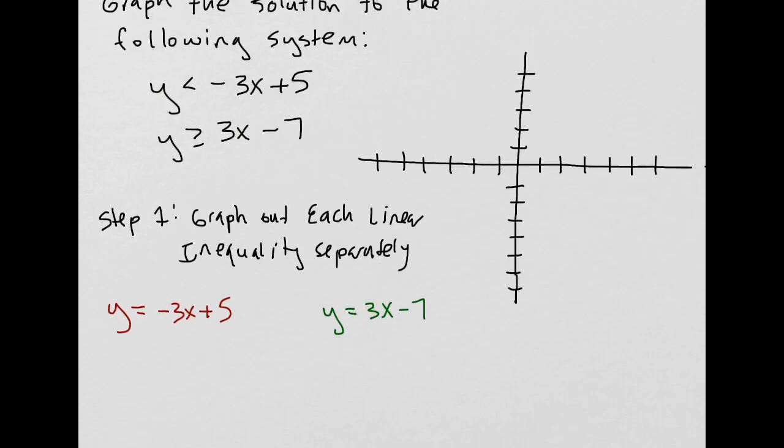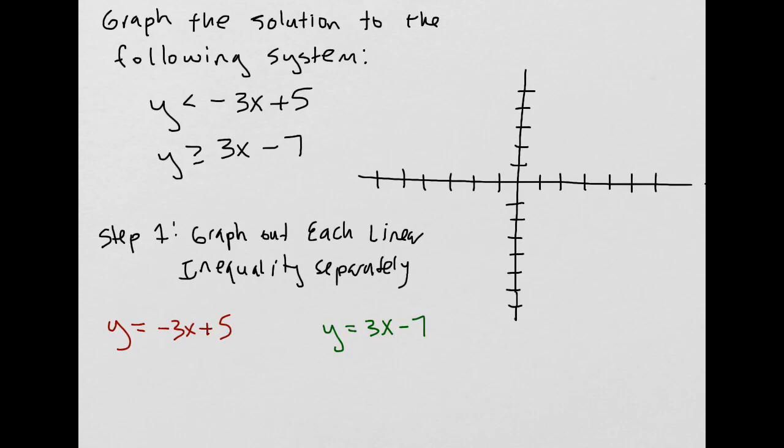So here we go. If we graph out y equals negative 3x plus 5, the y-intercept is at 5. The slope is telling us to go down 3 and over 1. And then notice that in the original inequality, we just have less than, we don't have equal to. So I'm going to draw the line as a dashed line.